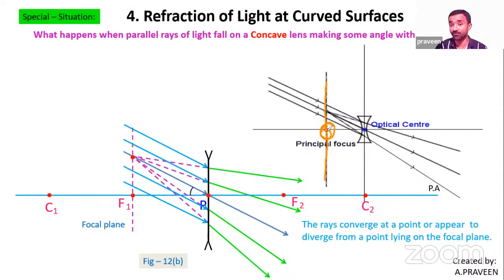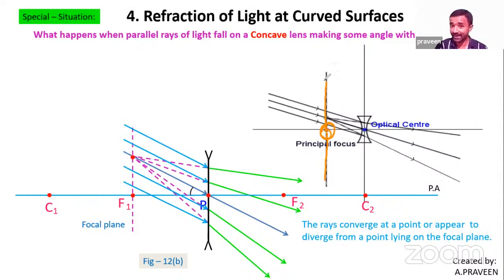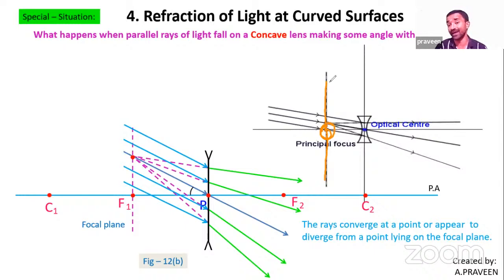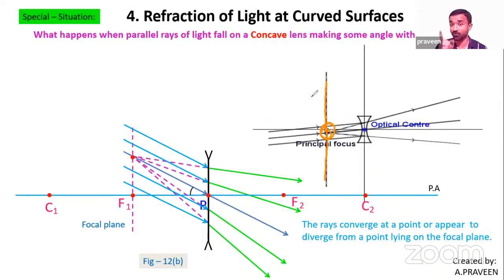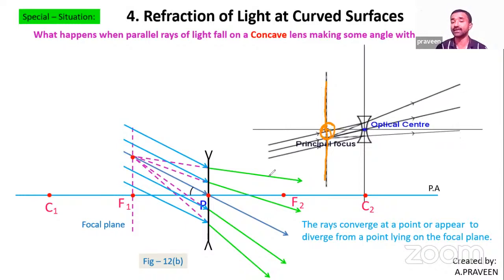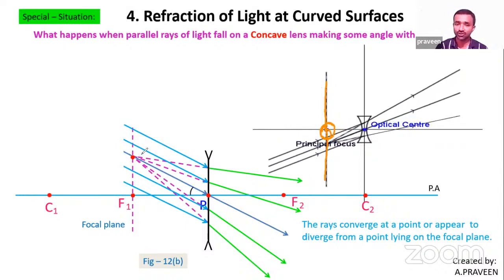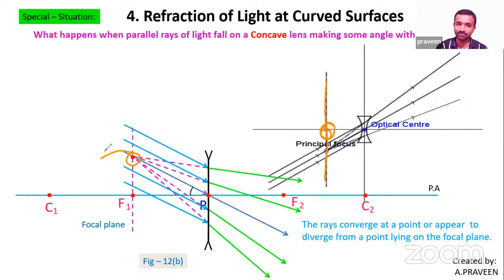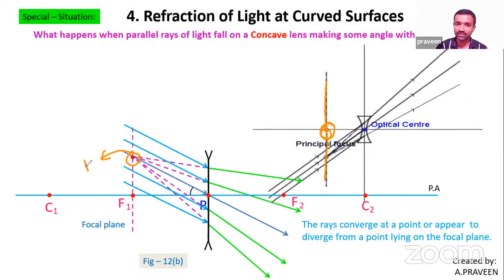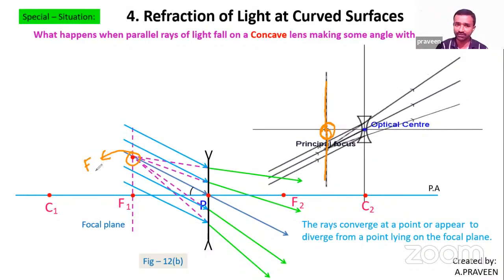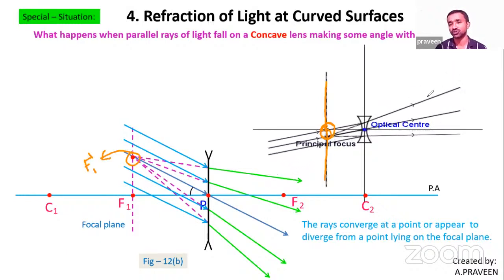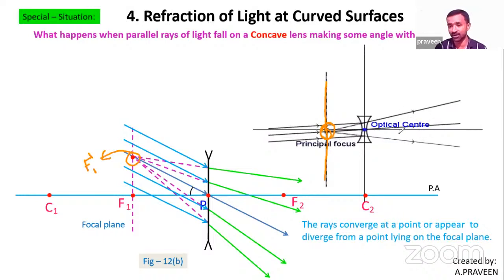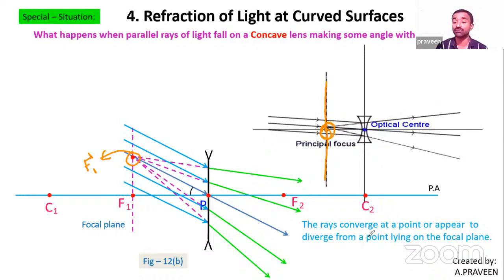So the principal focus, then any remaining point you can consider on the focal plane is called an imaginary focus. The principal focus is F1, but any remaining point you can consider. So this point we consider in the diagram we can call an imaginary focus, giving it as F1 dash. So they appear to diverge. This is practically observed. That's why we are giving the generalization.